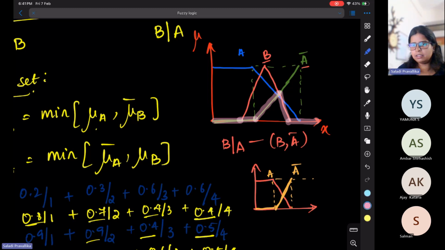If we were to take the minimum values till this point, A bar is giving us the least values, right? Oh, we are not getting null, sorry. And then we have this part, and then it goes this way. If we take the same A and A bar and find the difference between both of them, still there are some membership function values left. So it's not going to be a null value.